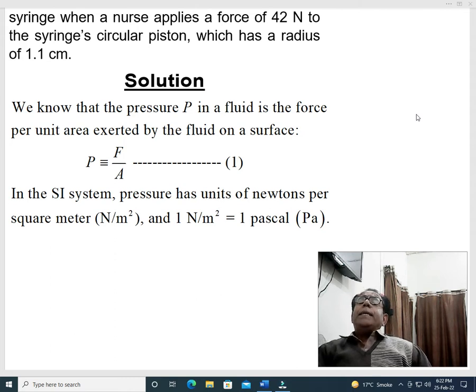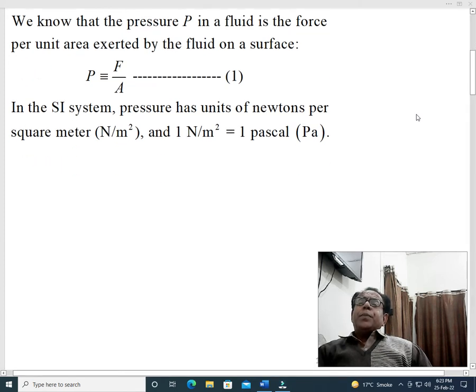Del operator, which is usually used in vector analysis, and delta are written in approximately inverted form. So here in place of P we can also write delta P, because delta stands for change.